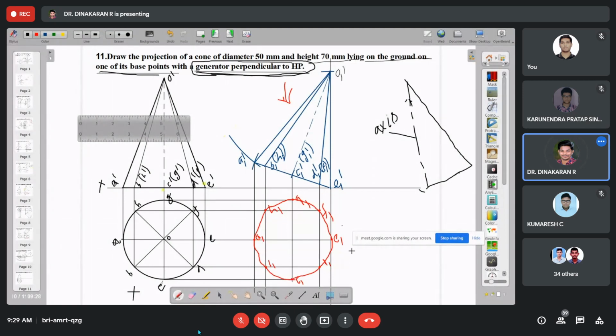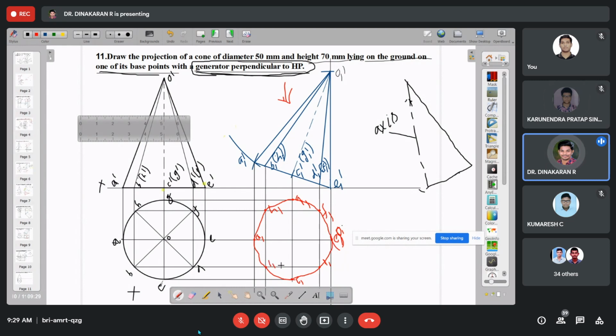Any other generator, or will it come? Sir, O1, E1. O1 E1 is coming on the same point itself. So no need to connect the inside of the generator, because G1 to O1 comes under the same points only. C1 to G1 is coming on the circle itself.